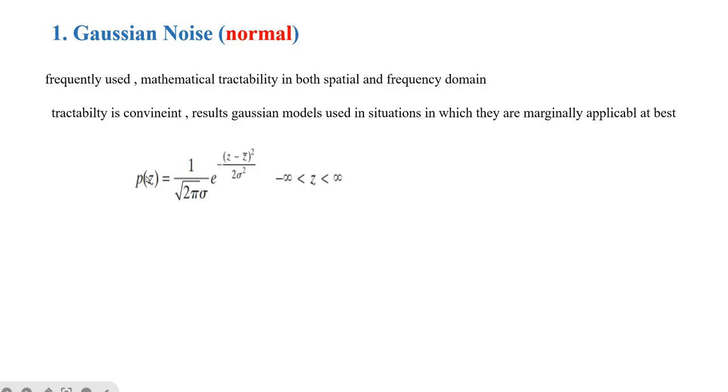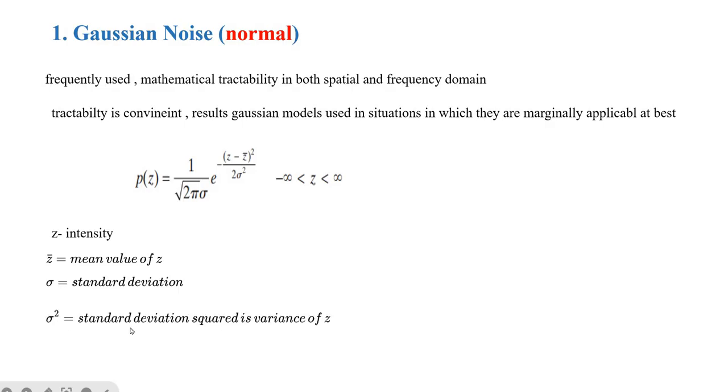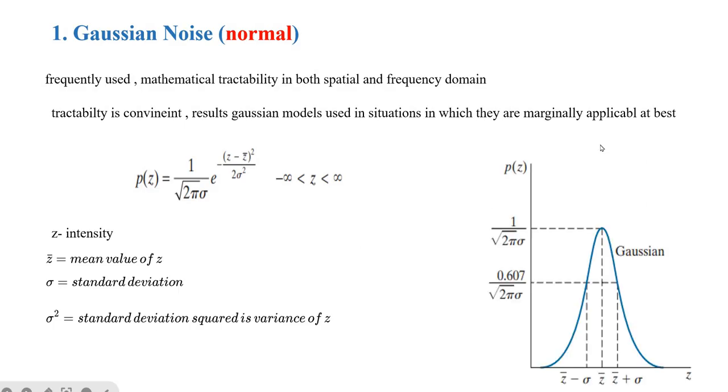So this is the formula for the PDF of the Gaussian noise, where Z represents the intensity, Z bar is the mean value of Z, and Z is the random variable. Sigma represents the standard deviation, and sigma squared is the standard deviation squared, which is called the variance of Z. This is the probability density function figure.